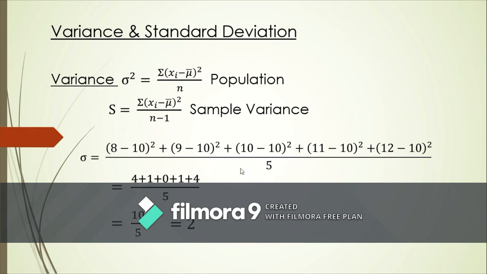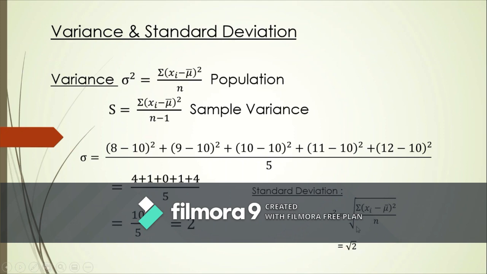So for standard deviation naman po, square root lang po ng variance. So, this is the formula for standard deviation. We have this sigma is equal to the square root of the summation of all the deviations from the mean squared over n. And this is for population po sa standard deviation.